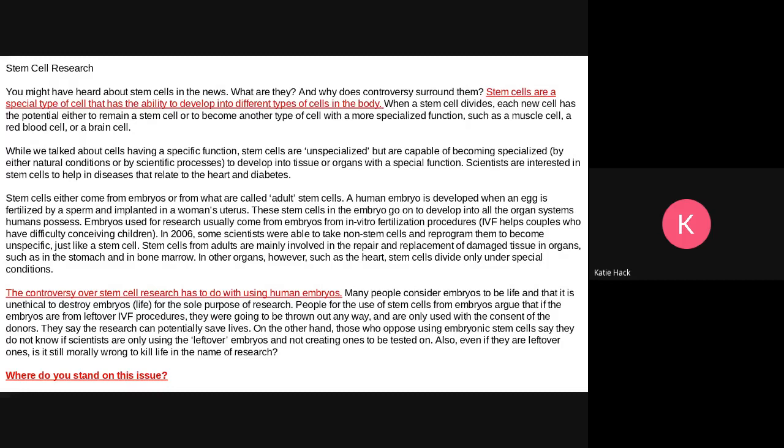So in this dish are these eggs and sperm waiting to be implanted into a woman's womb in order to become a child. Is that where a doctor takes the egg and the sperm and then puts it in another person? It can be put into another person. It could be put into the person that they took the egg from.